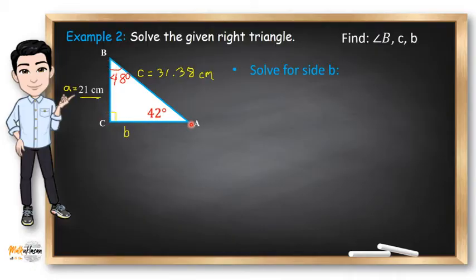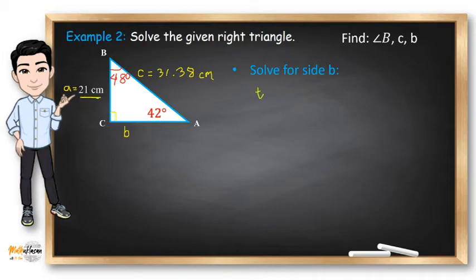Yung iba baka magtanong, pwede ba na ito yung gamitin natin imbis na yung opposite side? Yes, you can use the hypotenuse which is 31.38 and you can use other trigonometric functions. But in this case kasi, since 21 has no decimal value, ito na lang ang gagamitin natin na reference.